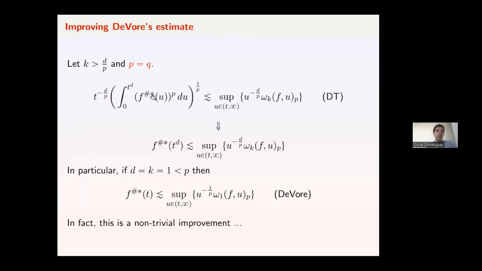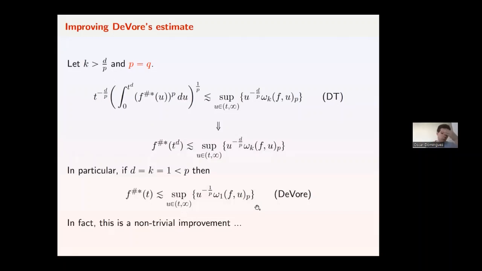Since here we are dealing with the non-increasing rearrangement, we can make use of monotonicity properties, and clearly the left-hand side is larger than this. And in the special case that d and k are equal to 1, this coincides exactly with the Debord estimate. So our estimate implies the Debord estimate.